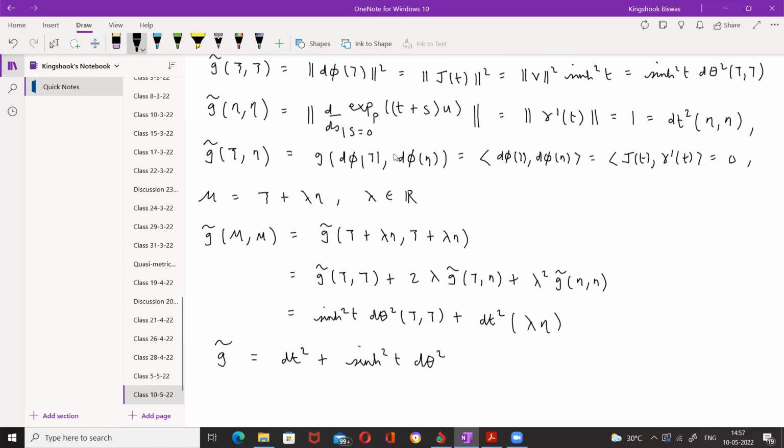Is this clear? Yes. So this is the expression in polar coordinates.